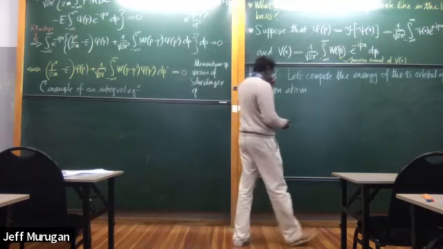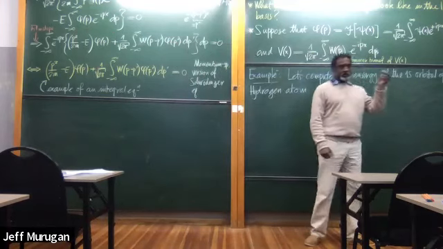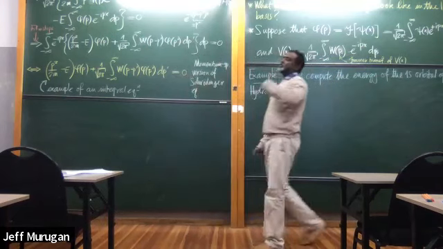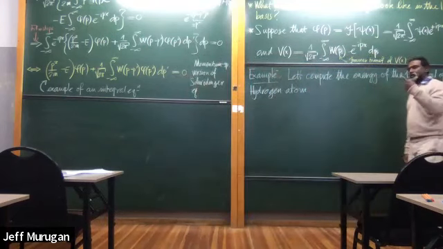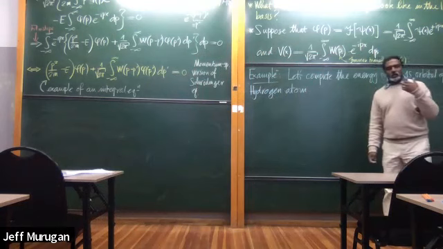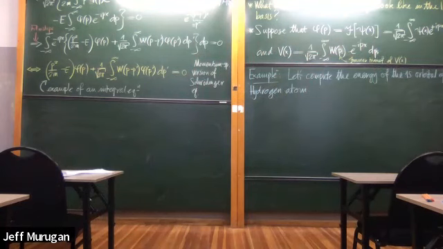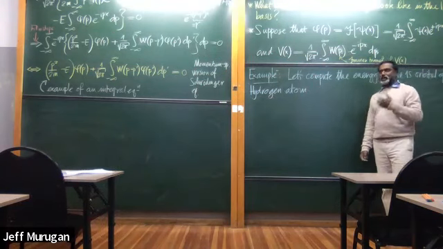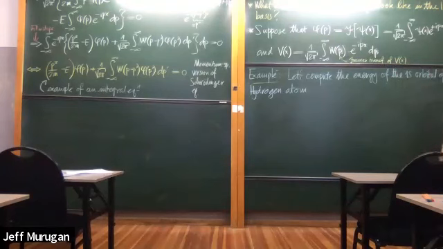The hydrogen atom consists of a single proton orbited by a single electron. The electron has some energy levels, labeled by 1s, and so on. We would like to calculate the energy of the 1s orbital. So when the electron is in the 1s orbital, what is its energy?